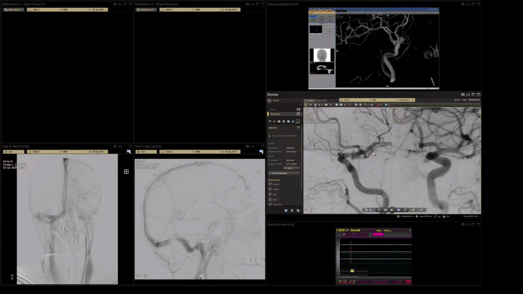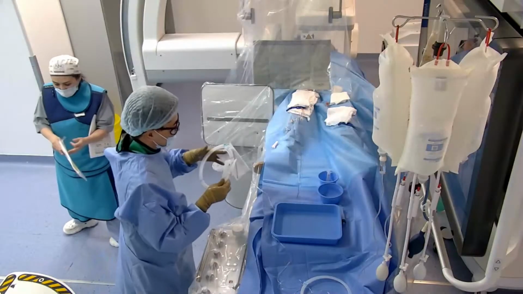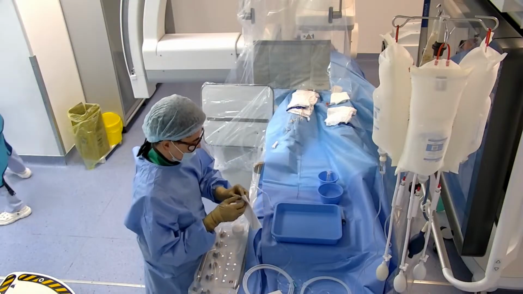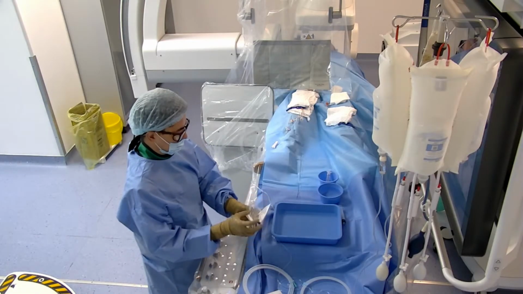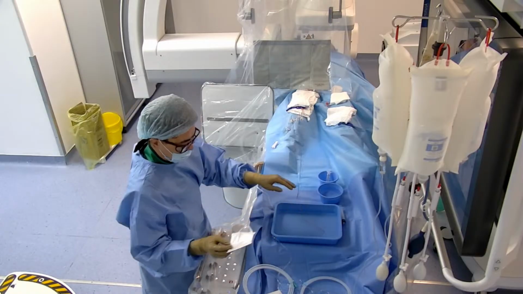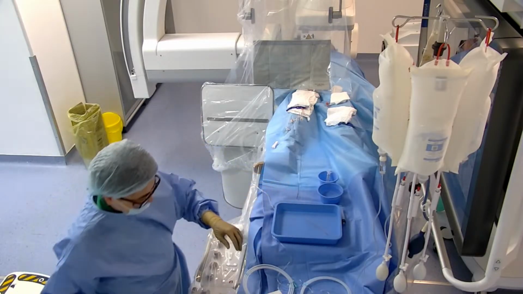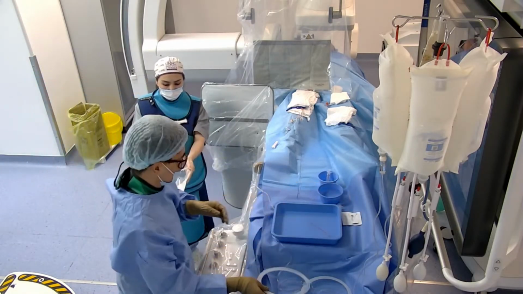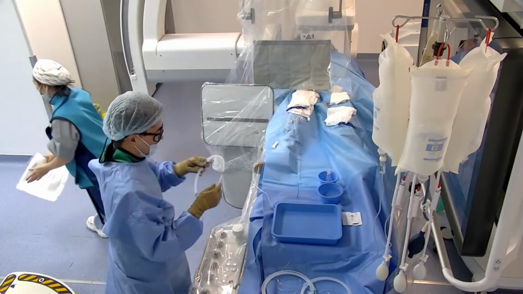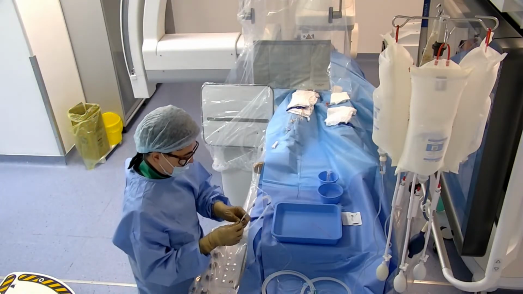Yes, the patient is already pre-medicated with local ticagrelor. It's a generic from Almaty. The name is Triventin, and it's usually effective in more than 98%.